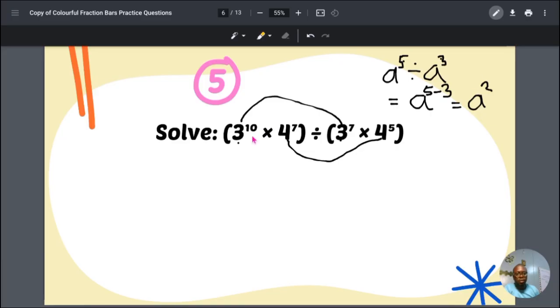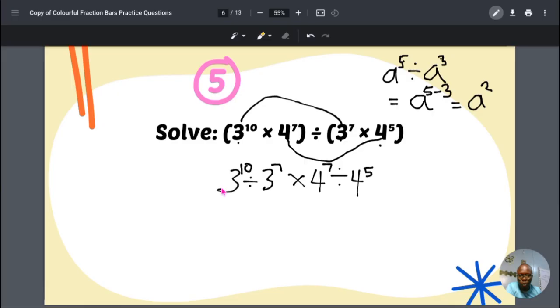So doing this, pick 3 raised to power 10, and because I'm having a division between 3 raised to power 10 and 3 raised to power 7, that will be divided by 3 raised to power 7, and then of course times 4 raised to power 7 dividing 4 raised to power 5 right here.